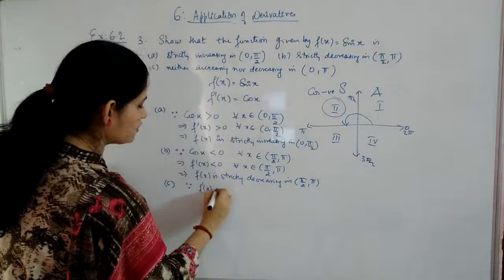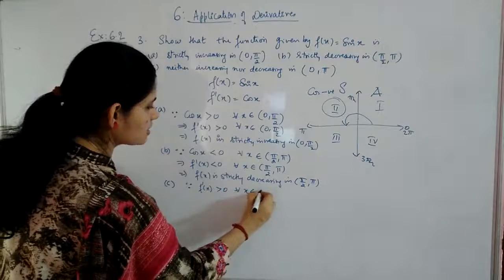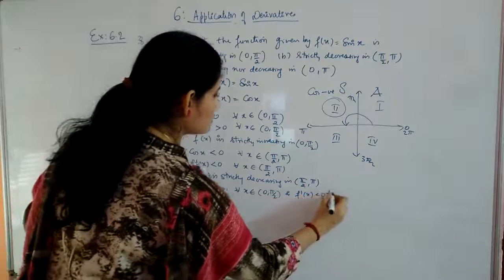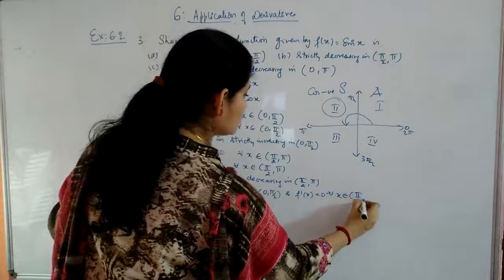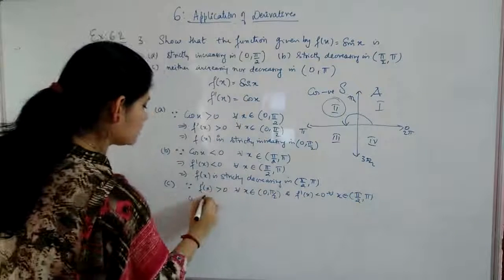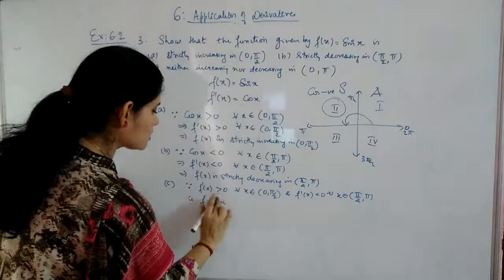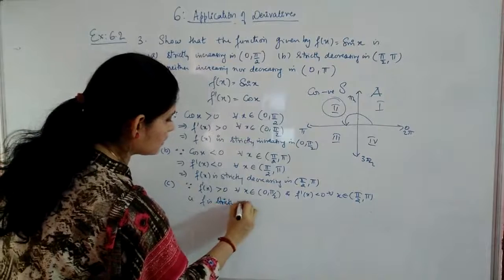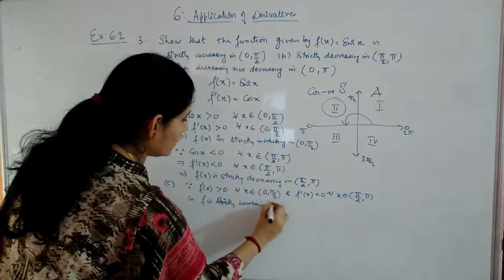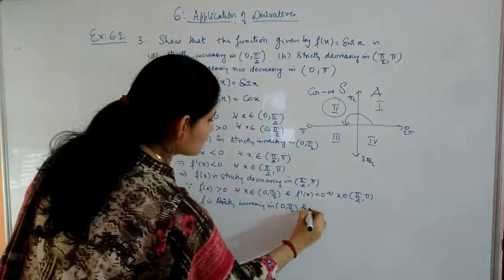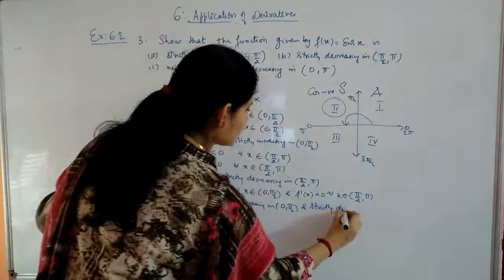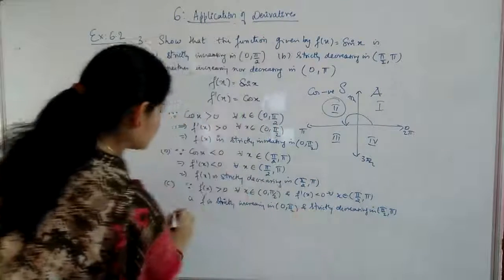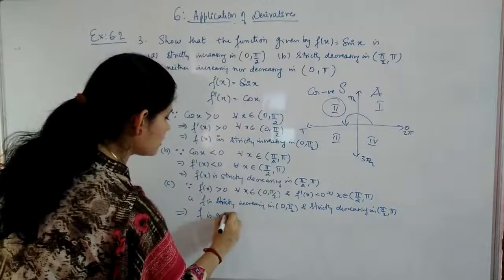Since f dash of x is greater than 0 for x in 0 to pi by 2 and f dash of x is less than 0 for x in pi by 2 comma pi, that is, the function is strictly increasing in 0 to pi by 2 and strictly decreasing in pi by 2 comma pi, we will say that the function is neither increasing nor decreasing.